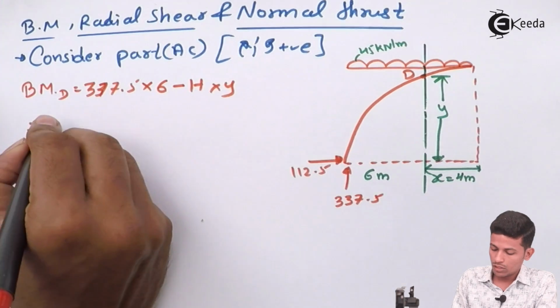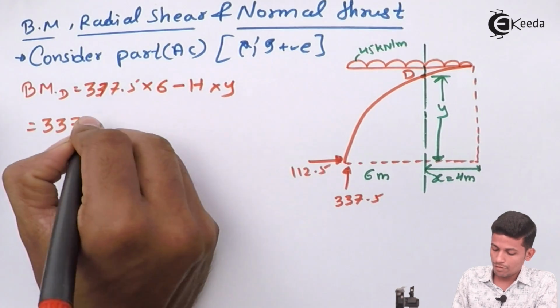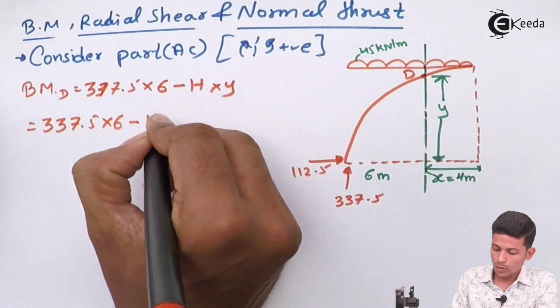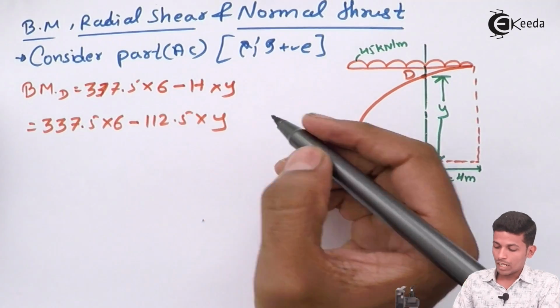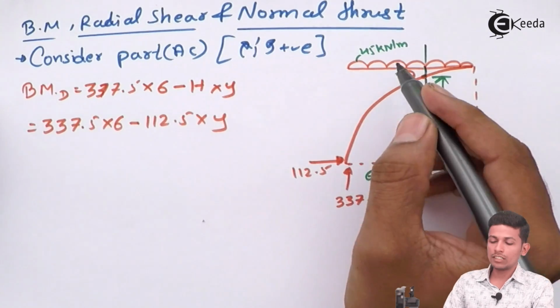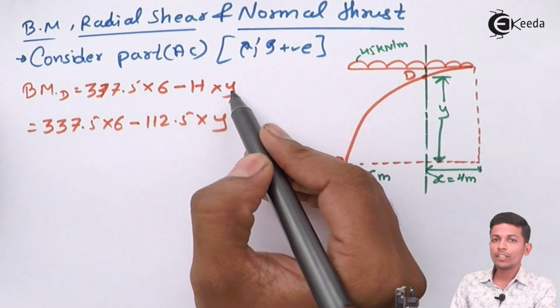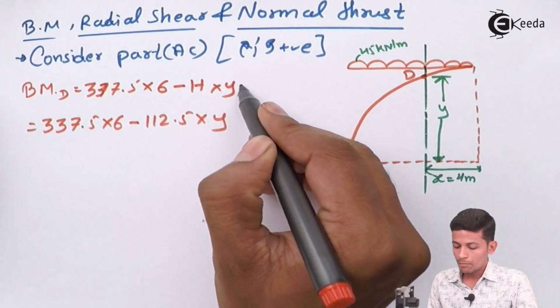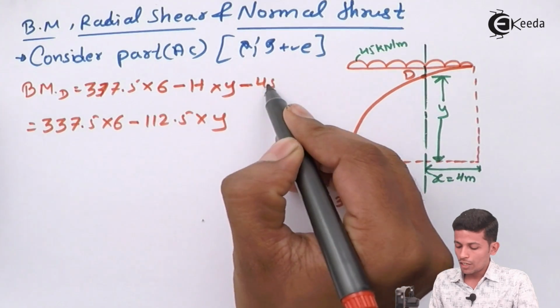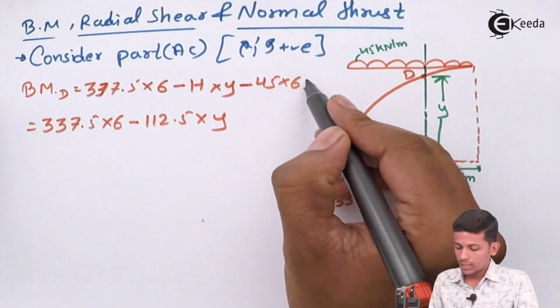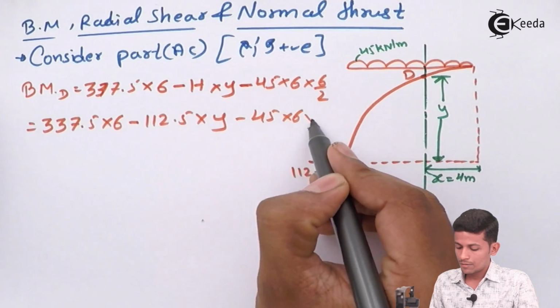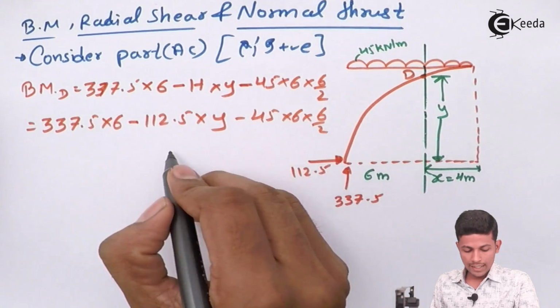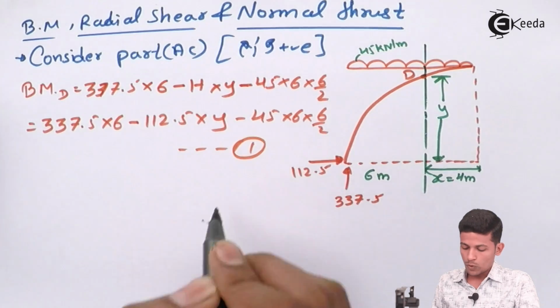As you all know, 337.5 into 6 minus 112.5 into y. And this UDL also comes in the picture. See, here we forgot to write the UDL intensity. This will come minus 45 into 6 into 6 by 2. Here also write. Take it as equation number 1.